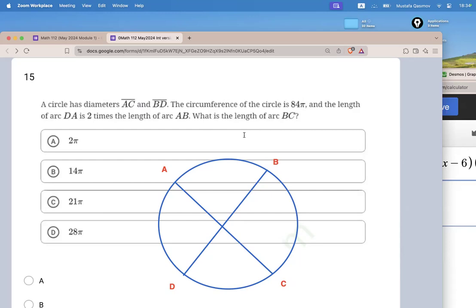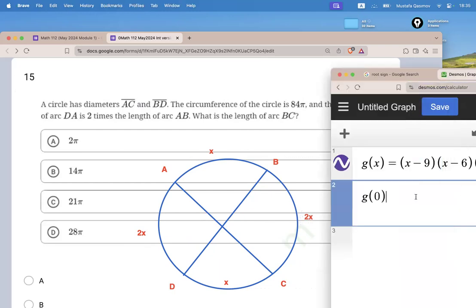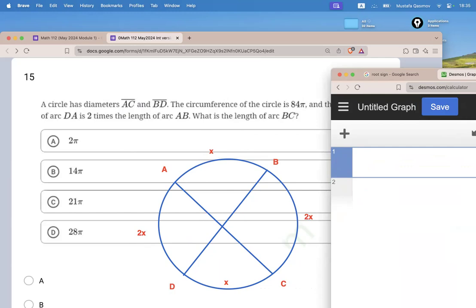DA is 2 times AB. From here we can write X and 2X. When you find the sum of them, you will get 6X, and 6X is equal to 84p.